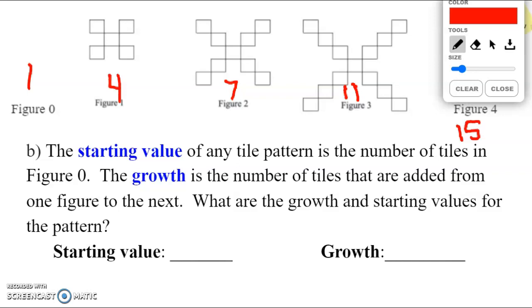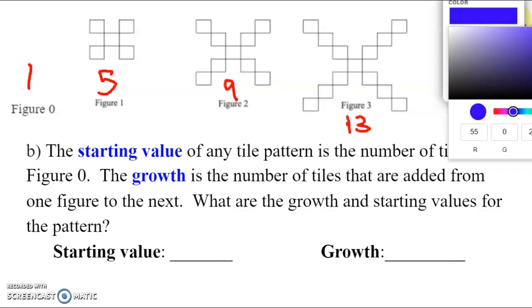Okay, so see, I make plenty of mistakes too, and you're going to make plenty of mistakes in math. 1 plus 4 is 5, plus 4 is 9, plus 4 is 13, plus 4 is 17. Good, okay? And I know that the growth, each time the tiles grew by 4.